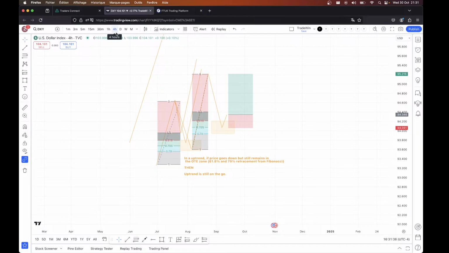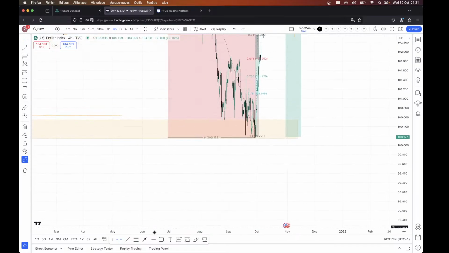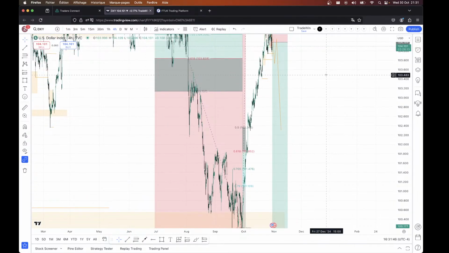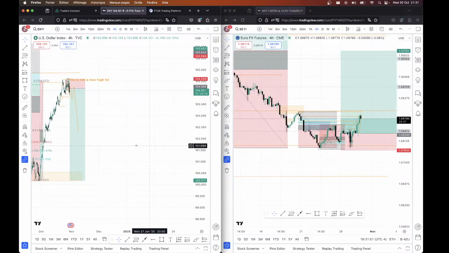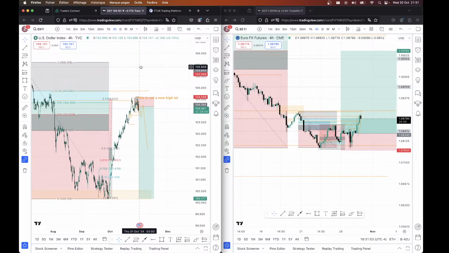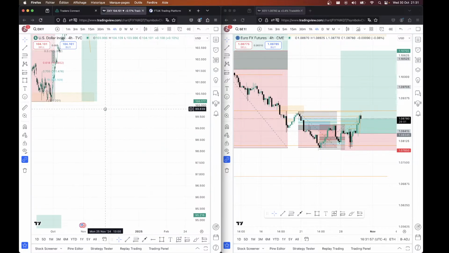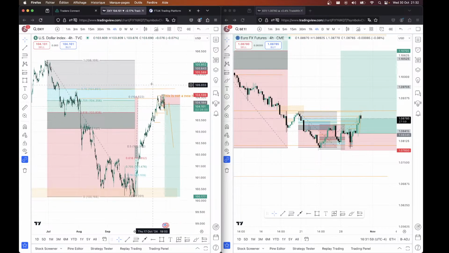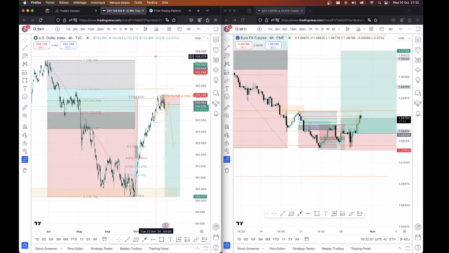Fine. Once we said that, let's review recent price action concerning the dollar index, and we'll do the same for euro. So I will just remove every indicator here. I'll try to not save this.